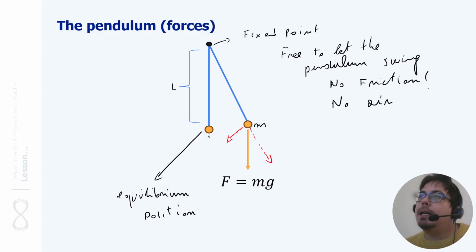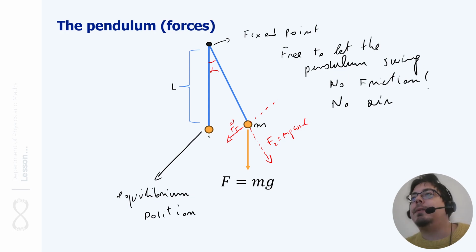One is the tension in this direction, Ft, and the other is the Fg, let's say, F2, and this one is mg cosinus alpha, and alpha is this angle there, which is the same as this angle here. Okay, so this force here is counterbalanced by the tension of the cord.